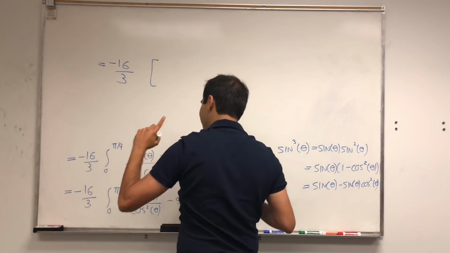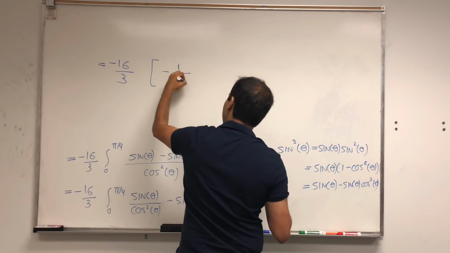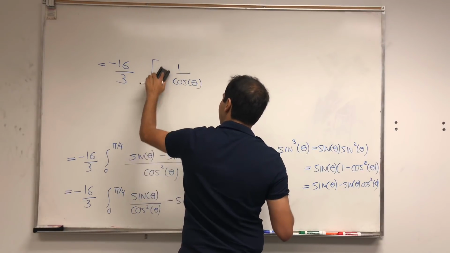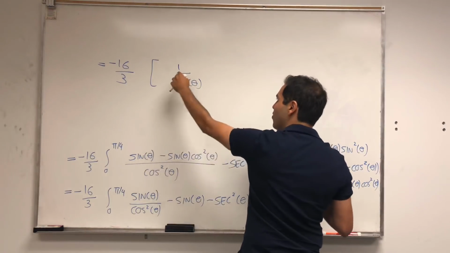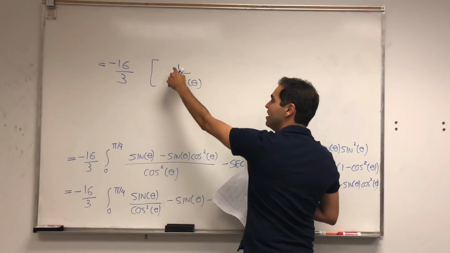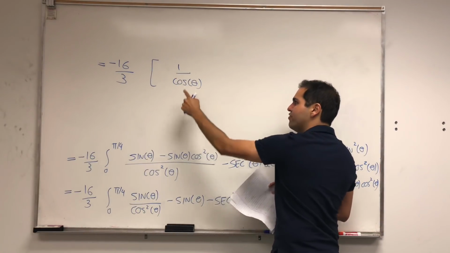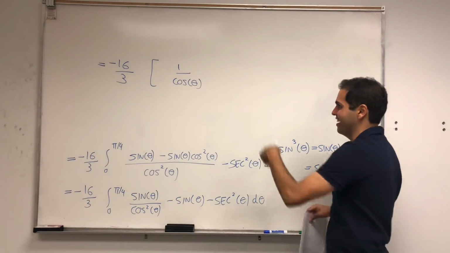So this, if you like, you could either just use a u substitution, or notice it's the antiderivative of 1 over cosine theta, because if you differentiate this, you get minus 1 over cosine squared theta, and if you differentiate cosine theta, you get a minus sine theta.